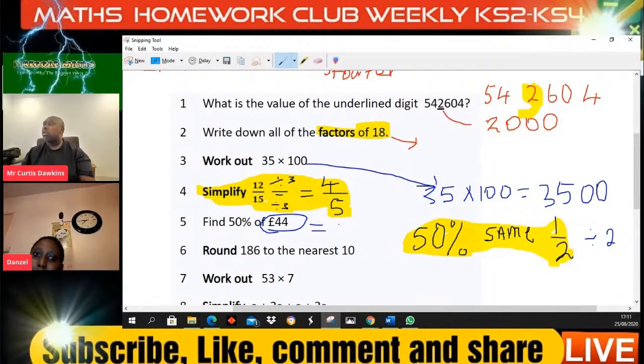Not 24. Come again. So half of 4 is 2. Half of 4 again is 2. So the answer is 22 pounds. Yes? Copy this in your book, please. Copy all of this in your book.